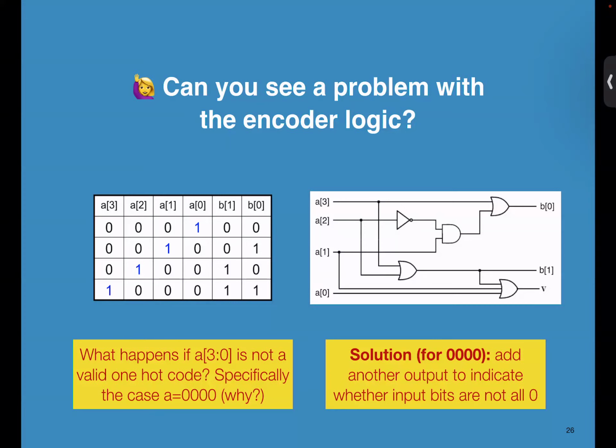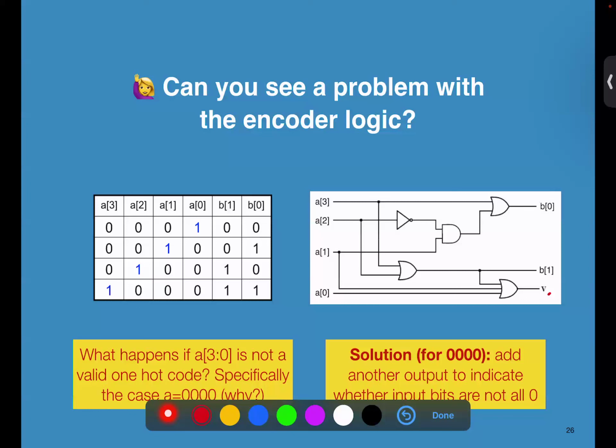So in particular, we are going to add a signal, which we'll shortly make use of beneficially, that indicates if all the inputs are 0. So I have a signal V at the output.